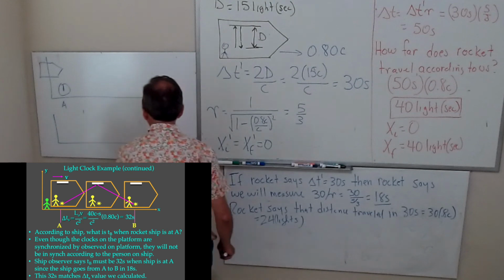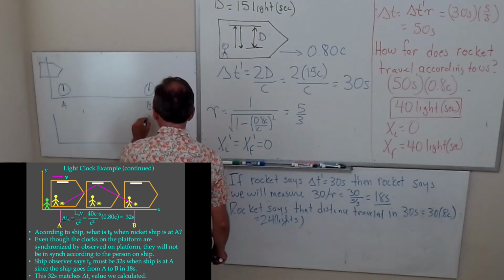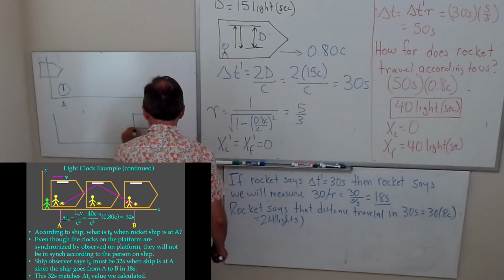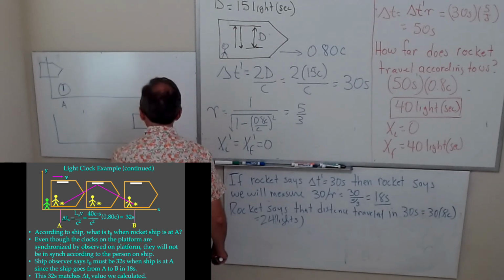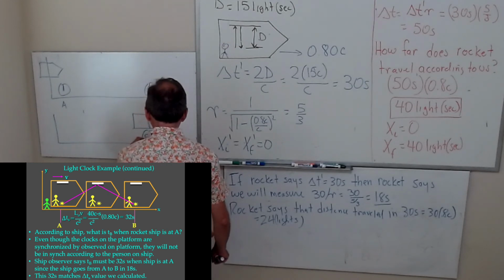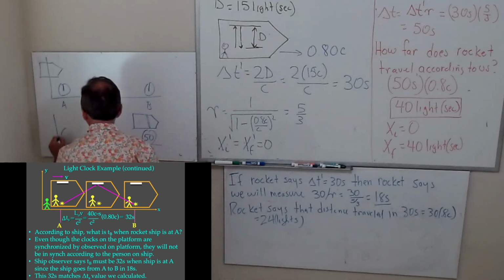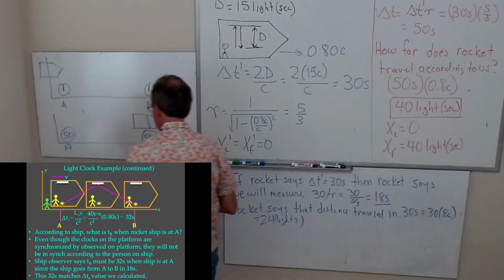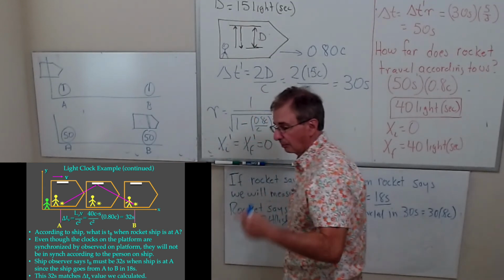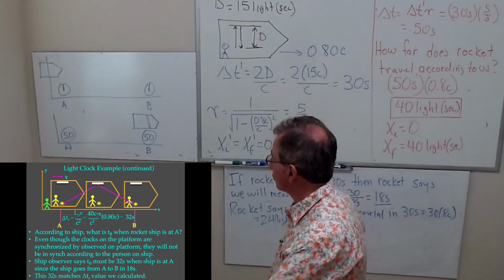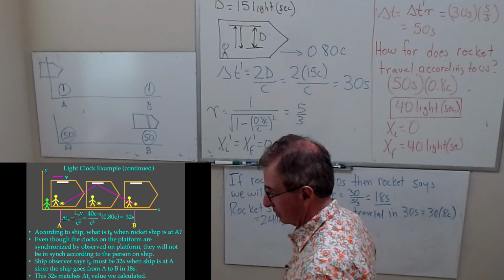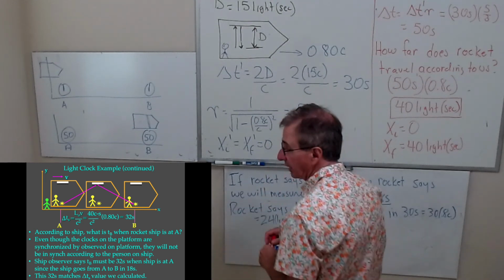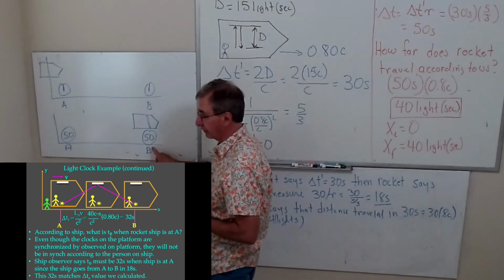When the rocket gets over here, this clock reads 50, and this clock reads 50. But the person on the rocket says it only takes 18 seconds. The person on the rocket will agree that this will read 50 seconds.